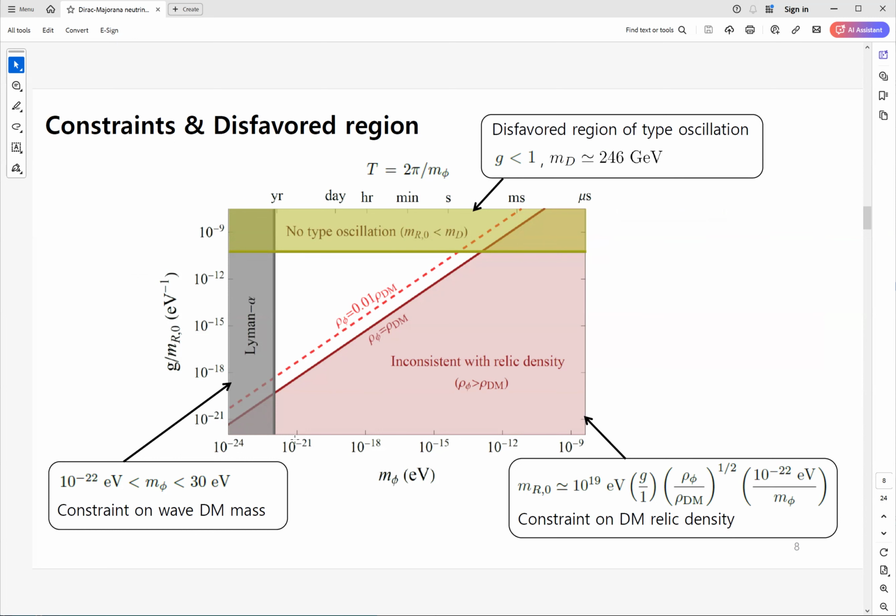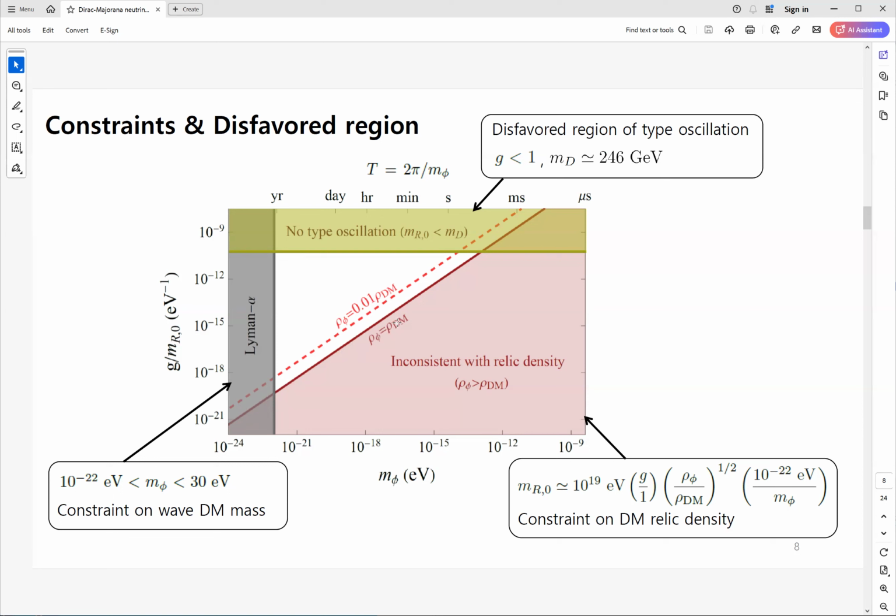The blue region corresponds to the lower bound of the wave dark matter mass, 10 to the minus 20 electron volt, which comes from the Lyman alpha forest. The gray region is the inconsistent parameter space with the dark matter relic density, where the wave dark matter density is larger than the local dark matter density in the galactic halo. The density line represents that even if the wave dark matter is only a fraction of the total local dark matter density, there still remains parameter space.